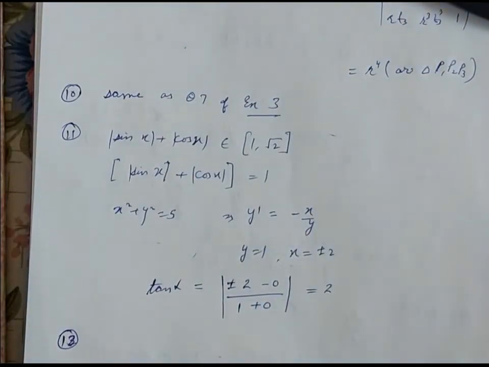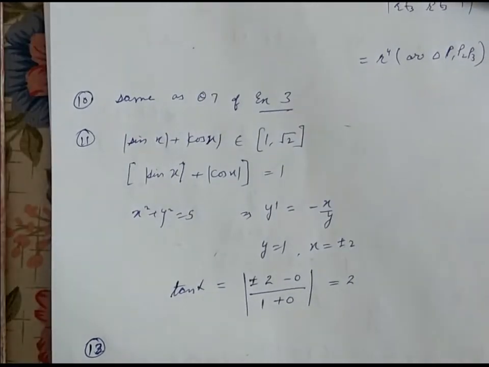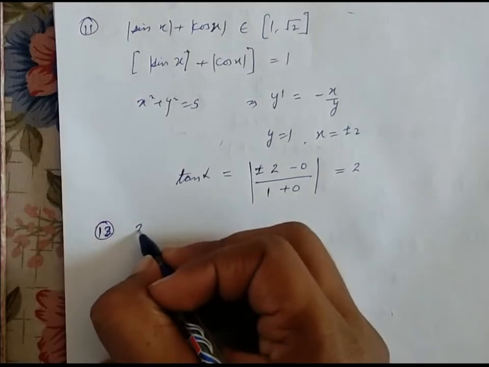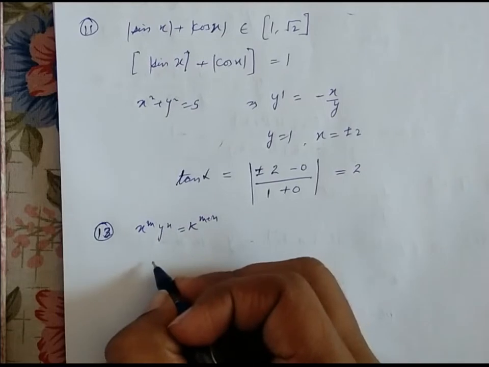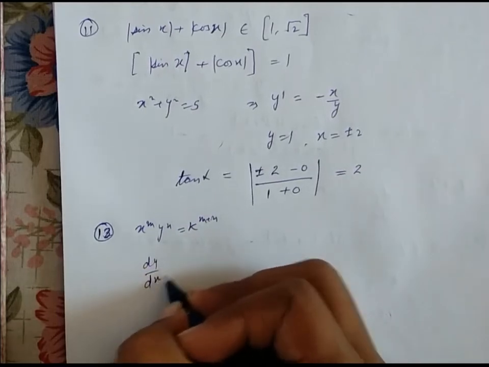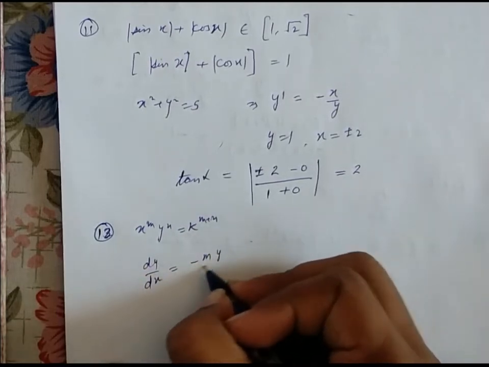In the curve x power m, y power n is equal to k power m plus n, prove that the portion of the tangent intercepted between the coordinate axes is divided by the point of contact in a constant ratio. Okay, so the curve over here is x power m, y power n is equal to k power m plus n. First calculate dy by dx. So dy by dx is equal to minus my upon nx.